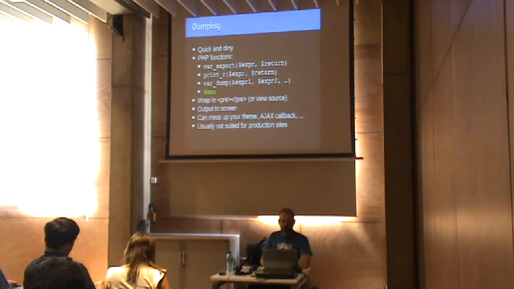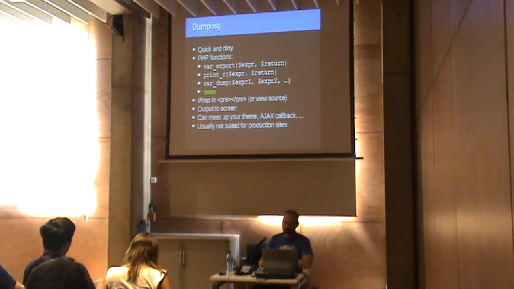Okay, so debugging techniques. The technique that's most often used, I guess, is just dumping stuff to screen. It's quick, it's dirty, but usually it does the trick. PHP, even without Drupal, has a couple of functions you can use. You've got var_export, you've got print_r, and you've got var_dump. The difference between these is var_export will generate machine readable code for you.